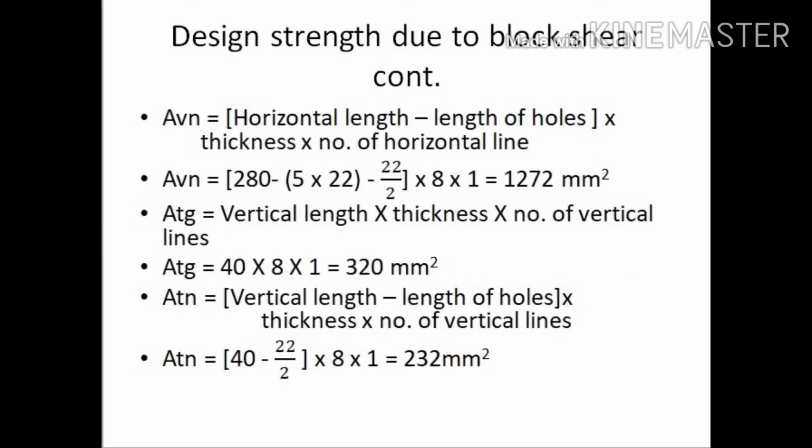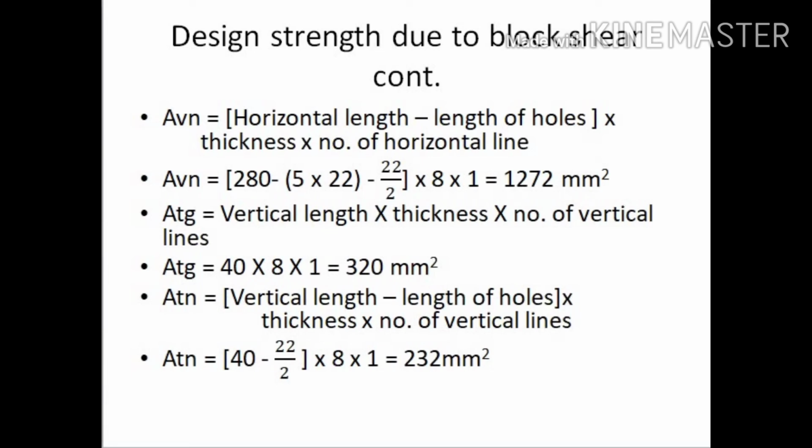Next is Avn. Avn means minimum net area for shear, which is equal to horizontal length minus length of holes, into thickness into number of horizontal lines. Total horizontal length is 280 minus 5 into 22. Why 5 into 22?